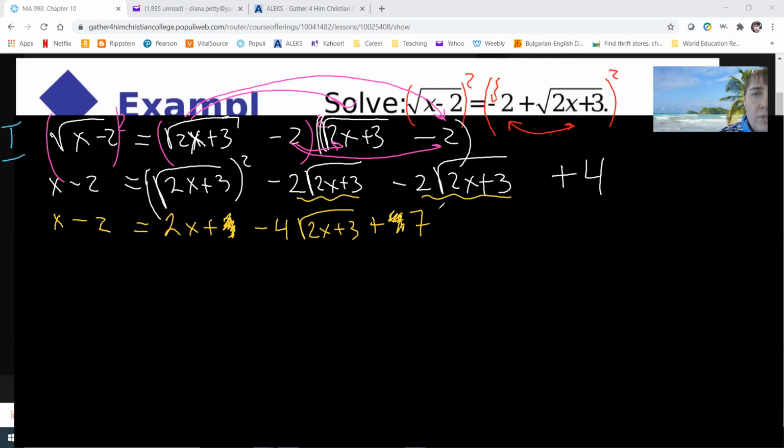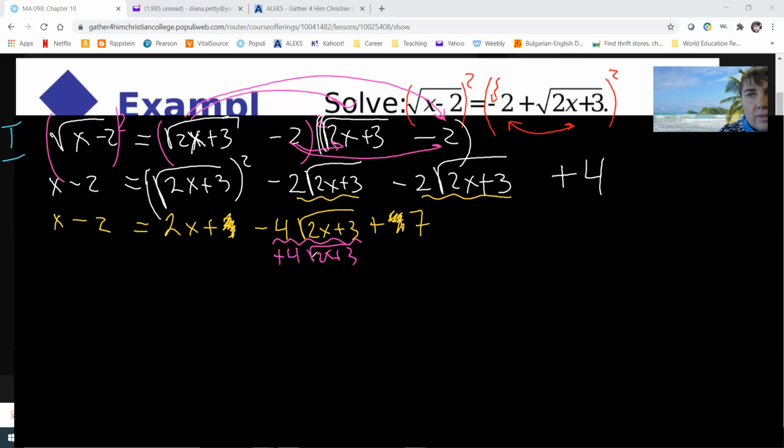This time, because this one is negative, not that we cannot multiply later by a negative, but I would rather move this whole thing to the other side. All right, make it positive. See, it's negative. So I'm going to move the radical to this side, so plus this whole thing, both sides.